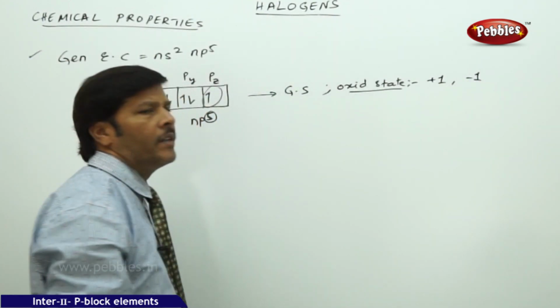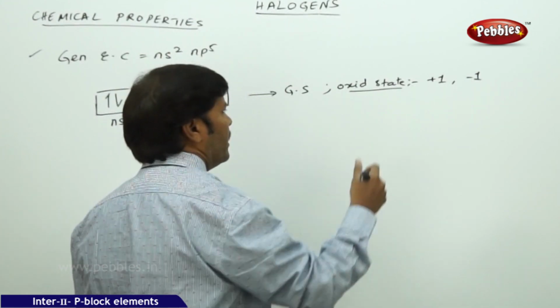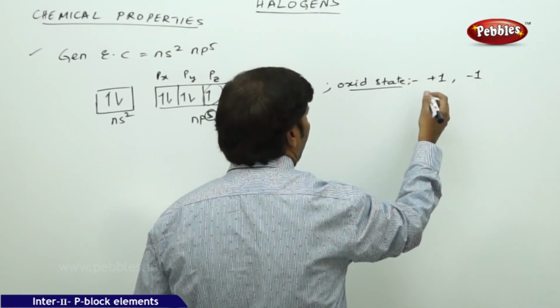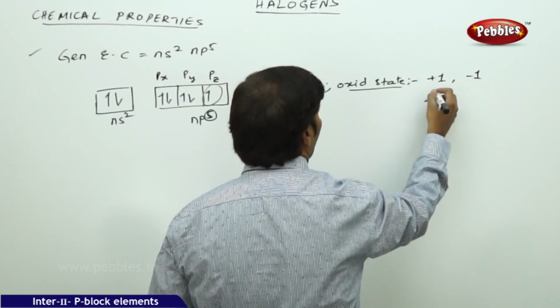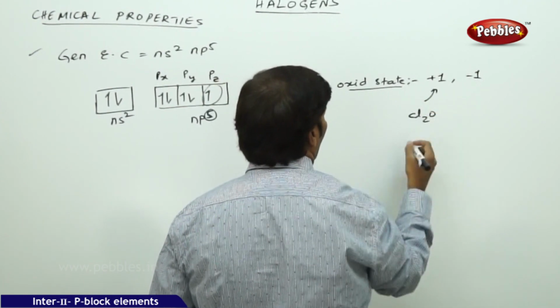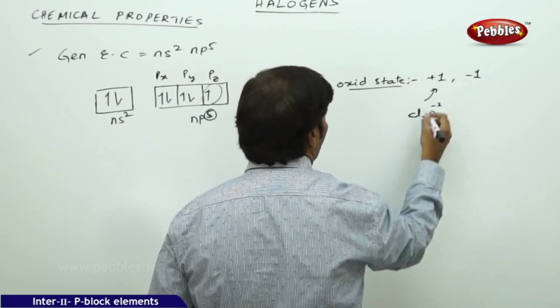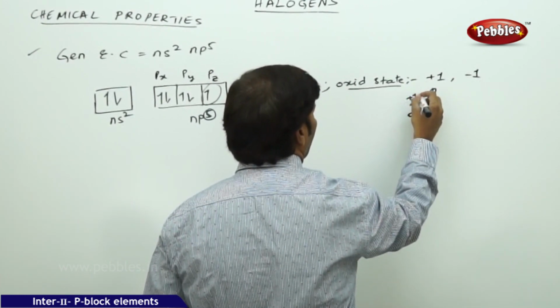For the +1 oxidation state, the best example is Cl2O, dichlorine monoxide. -2 is the oxidation state of oxygen, so chlorine is +1.